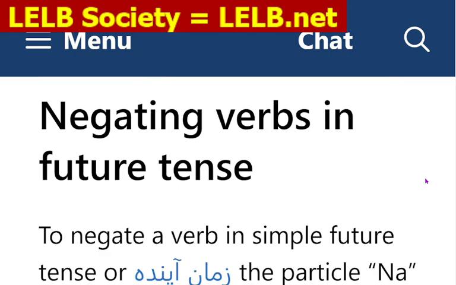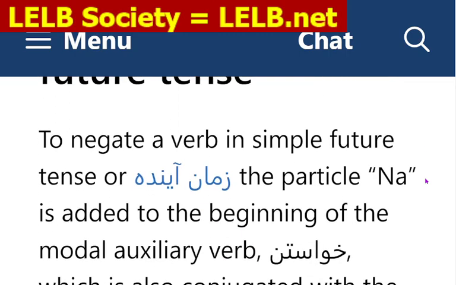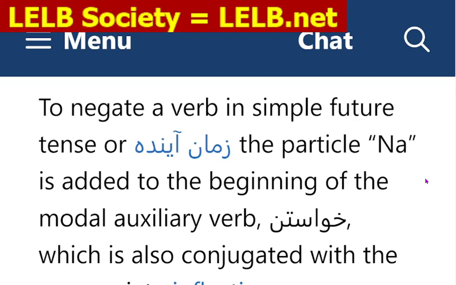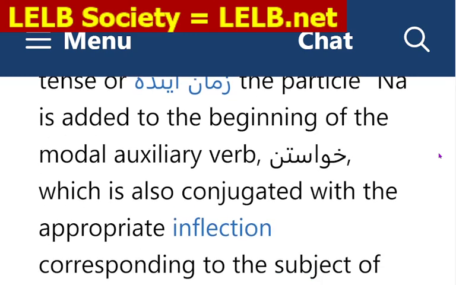Okay, negating verbs in future tense. To negate a verb in simple future tense, or زمان آینده, again, if you click on زمان آینده, you will find an exclusive lesson on زمان آینده in Farsi. The particle na is added to the beginning of the modal auxiliary verb خواستن.